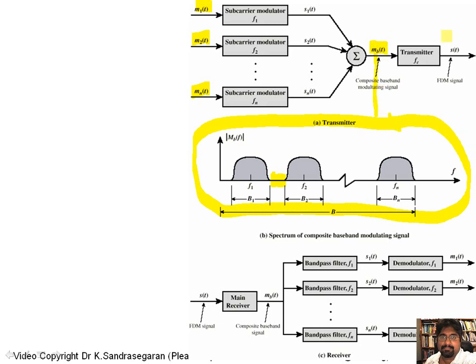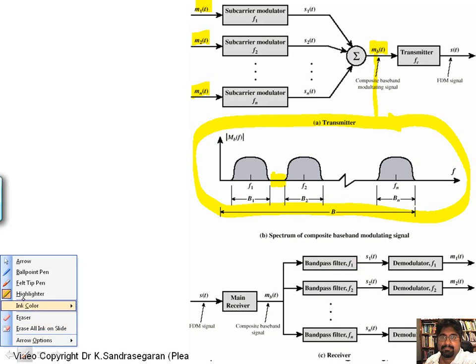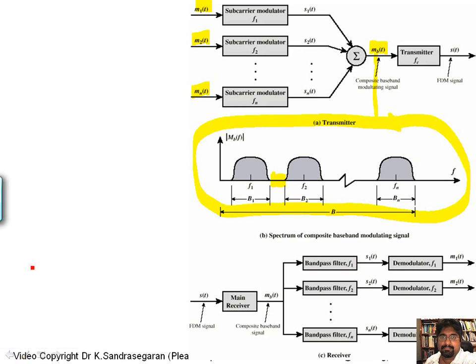And at the receiver, when the signal arrives, you have band pass filters. For example, you might have a band pass filter F1.